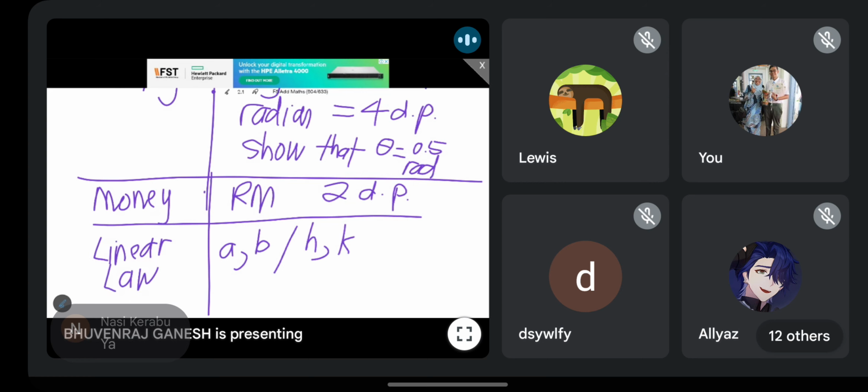Berapa titik perpuluhan untuk soalan macam ni? Anyone? Okay, actually you can give 2 lah. 2 dp selamat. If you want to give 3 also can. 4 macam terlalu banyak dah. So 2 to 3 dp for linear law constant, untuk pemala tu kamu kena cari. Okay, so next one.